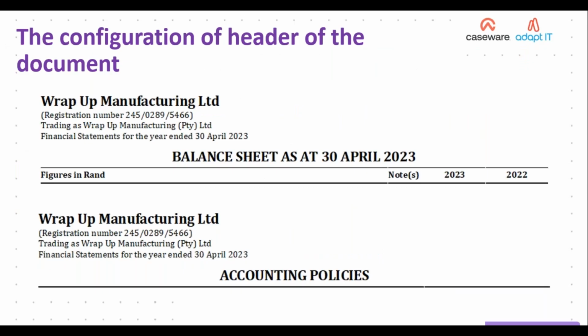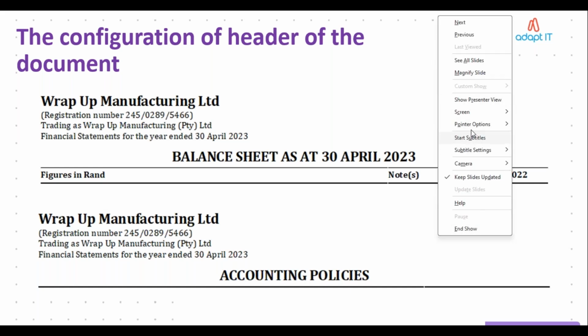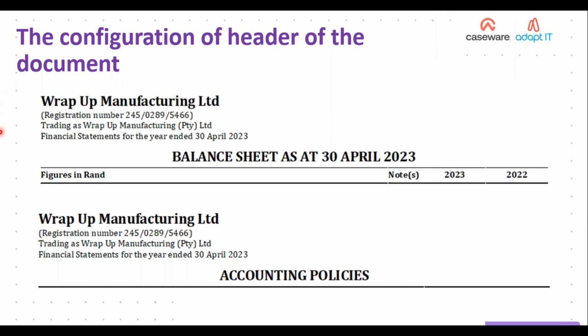The next section is now the configuration of the entire document, the header of your financial statements. If you follow my dear pointer, the header of this document has the name of our engagement.